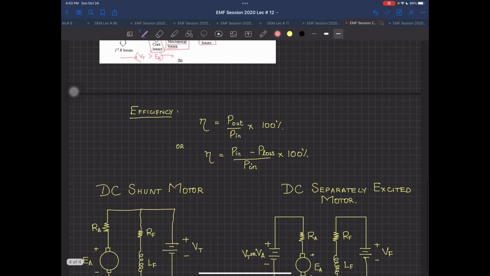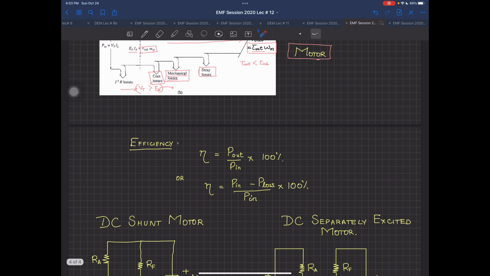Now, when you have the power flow diagram, you are going to talk about the efficiency. As I told you just before, the efficiency of a DC machine is never more than 60 to 70%. On our lab machines, the maximum efficiency I have measured is 64% or 65%, not more than this, because they don't have any compensating winding, interpoles, or any other remedial methods.